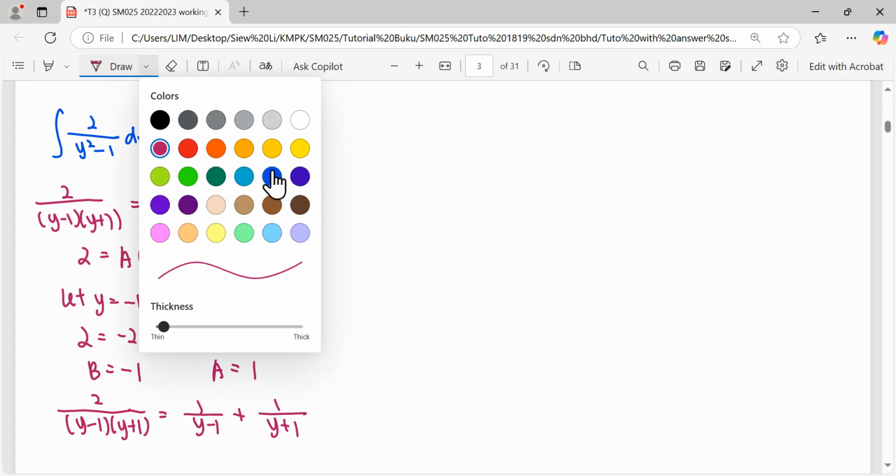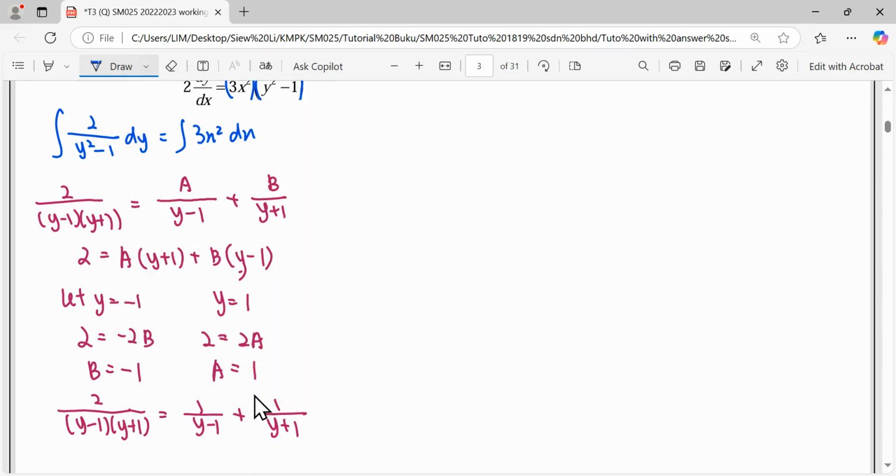So we consider this partial fraction in the integration. We start to integrate 1 over y minus 1 minus 1 over y plus 1 dy. For the right hand side, integrate 3x squared dx.